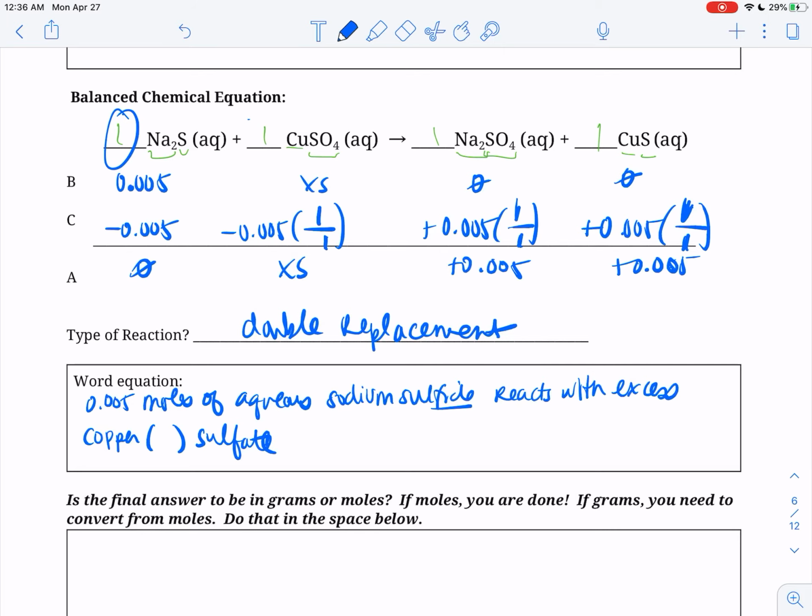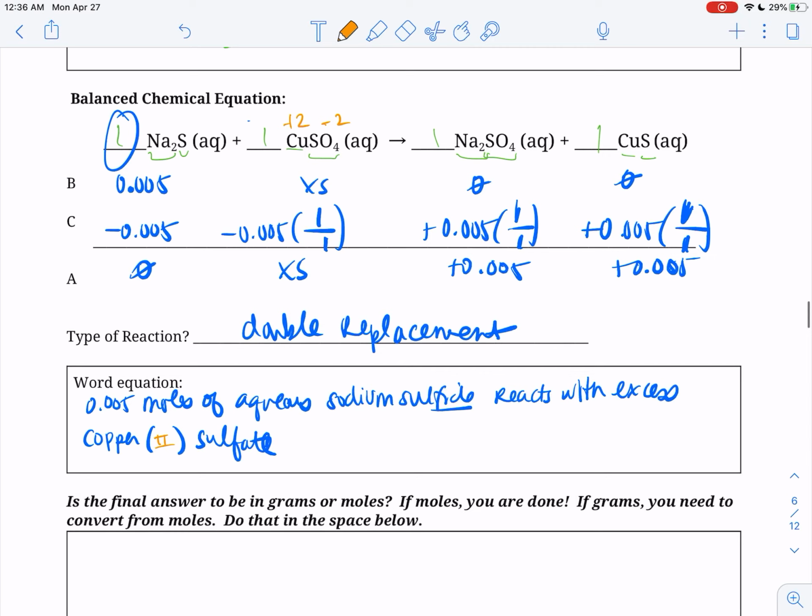That's a polyatomic. Remember, sulfate is a -2, and there's only 1 copper, so that has to be a +2. So that's going to be copper 2 sulfate. To form, oh, I guess I should have said aqueous. See, I was so proud of myself for remembering.